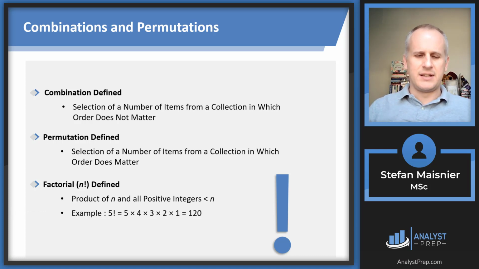So for instance, for 5 factorial with the little exclamation point, that means the operations are 5 times 4 times 3 times 2 times 1. 5 times 4 is 20, 20 times 6 is going to be 120, and then just times 1, and that's how you get 5 exclamation point. It's not a very excited number, it's factorial.